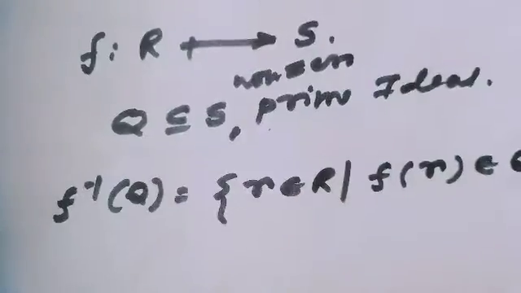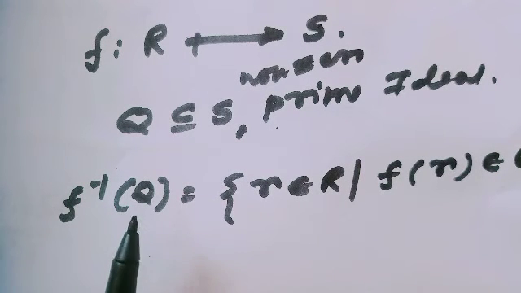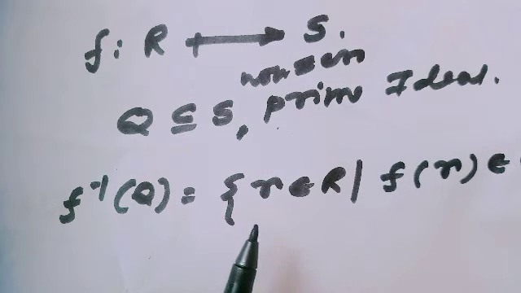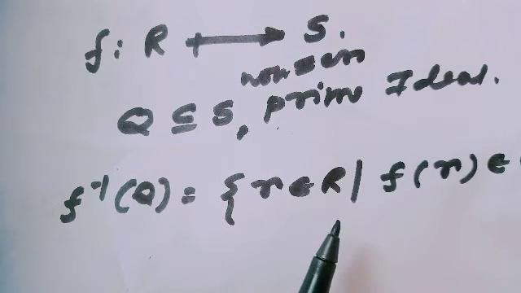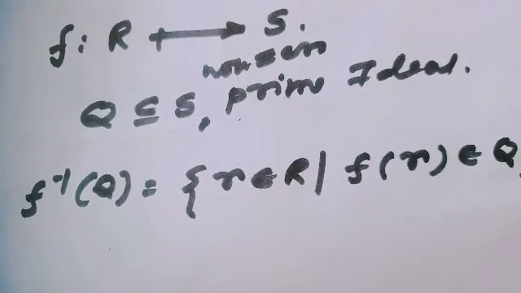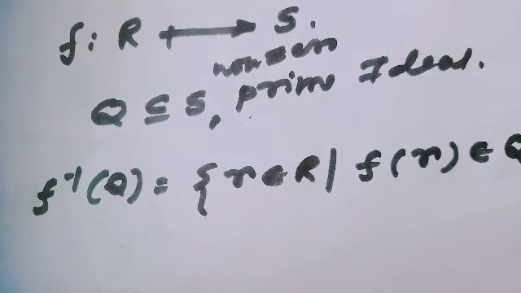All the options are about f inverse of Q, so first let us see what f inverse of Q is. It means the set of all r in the ring R such that f of r belongs to Q, where Q is a non-zero prime ideal.